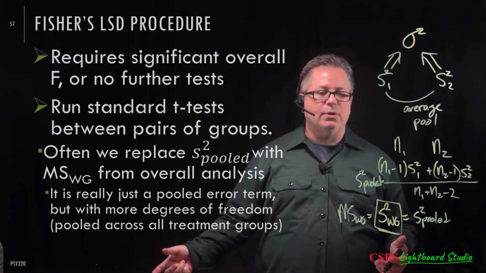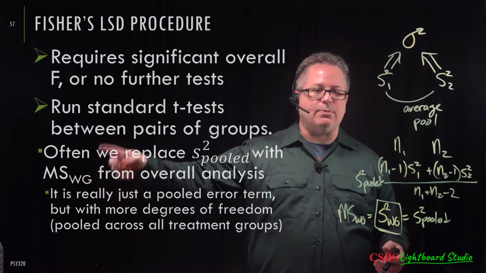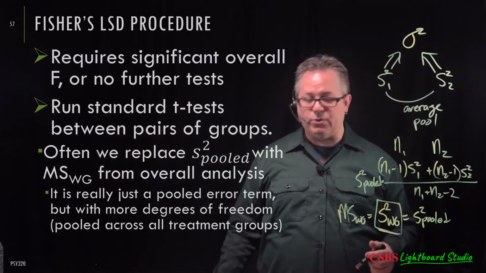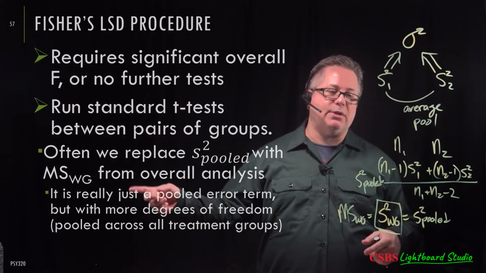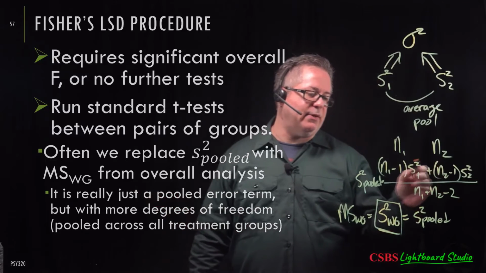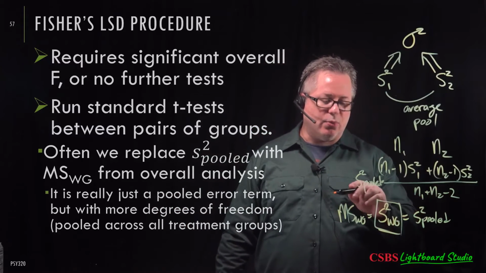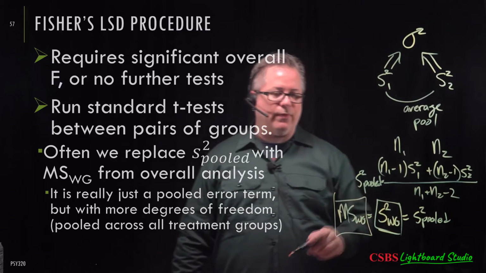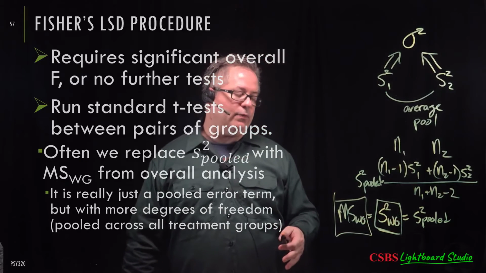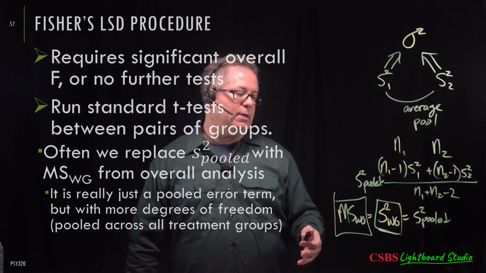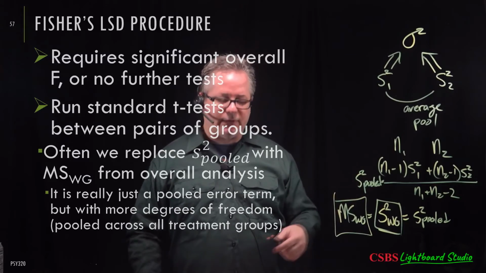So instead of doing these t-tests following our ANOVA by estimating a different pooled variance for every pair, let's just use the one measure of pooled variance we've already calculated for the ANOVA, replace that in for the pooled variance, and do the t-test from there.